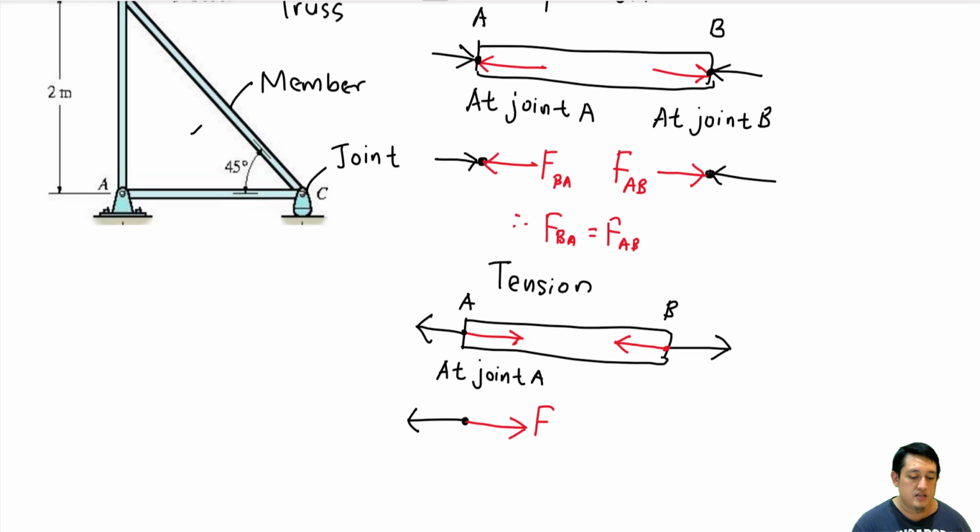I label it as F AB. Because up there we also have A to B, let's make it A prime B prime.